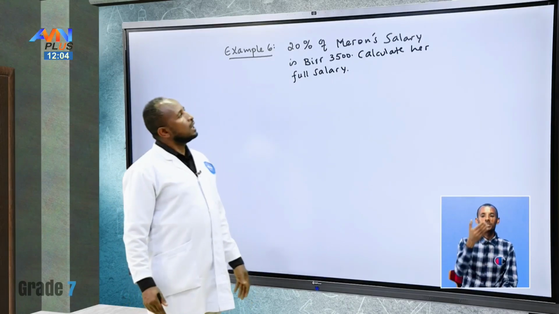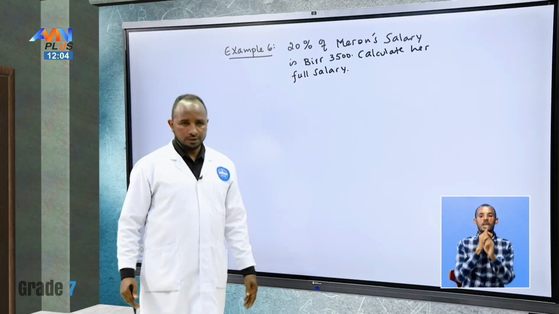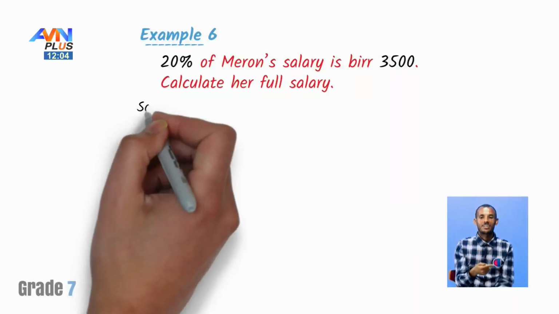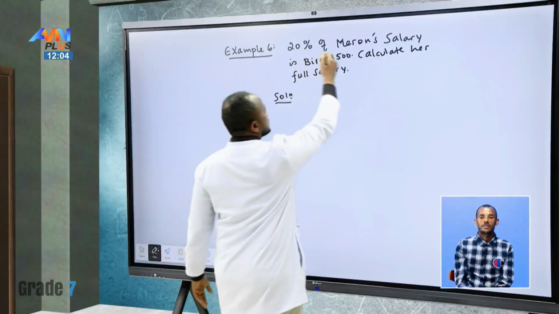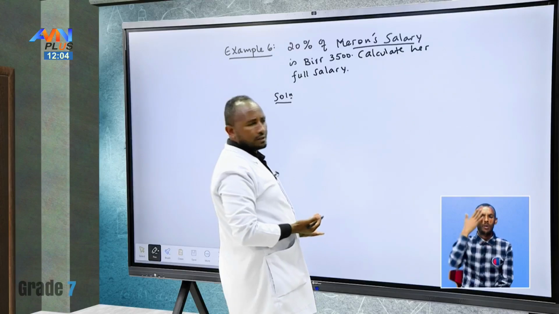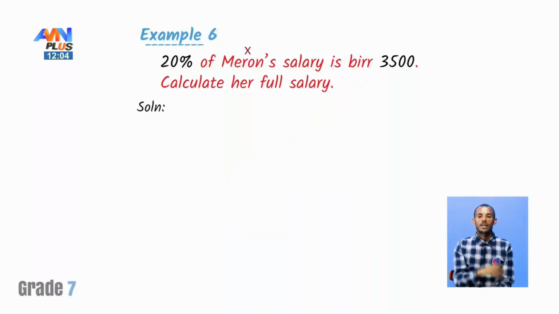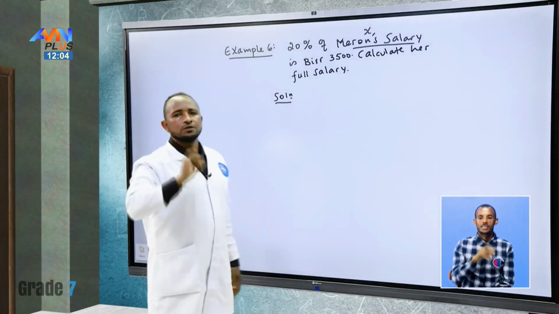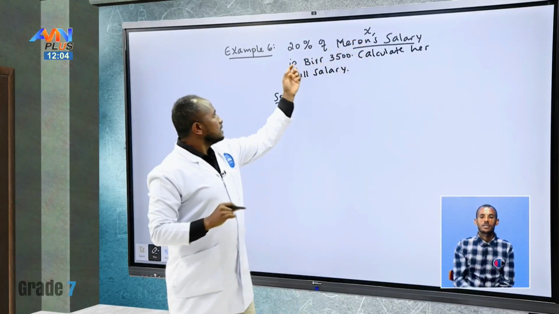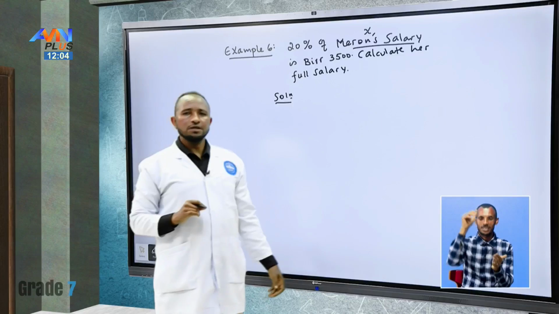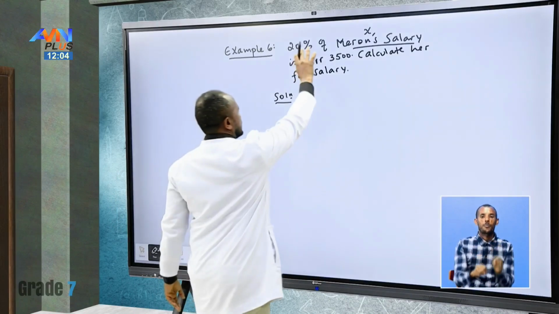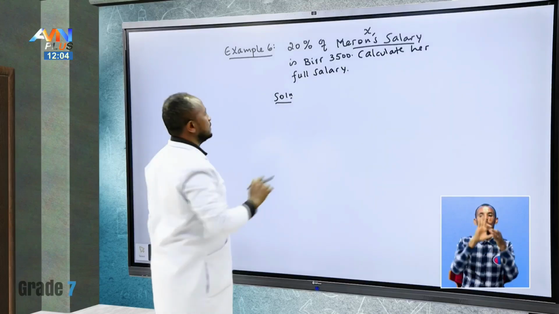Good. Now, let's see the answer together. Okay, here it says 20% of Maron's salary. We don't know her salary. So, let's assume her salary is not known. Let's use a variable x. 20% of her salary is how much? It is 3,500. So, when we write this in equation form, you have this.